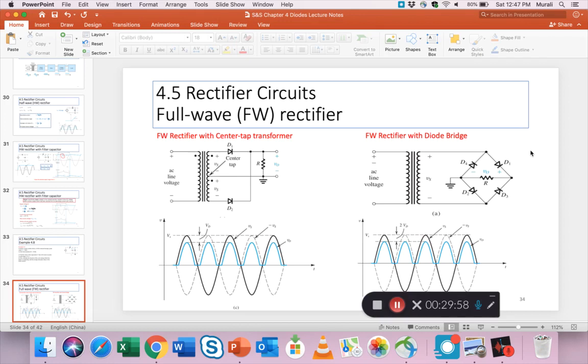You don't eliminate the ripple entirely, but it is somewhat lower than in the case of the half wave rectifier. So we are going to study full wave rectifiers, two versions.